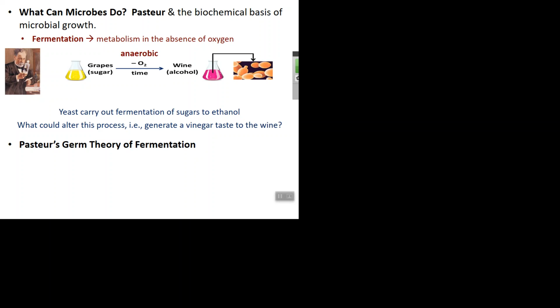And so he goes, okay, well, that's what's going on, but then what's causing the deviation where the wine doesn't taste right? What's that all about, okay? Well, of course, not only will yeast do this, but so too can bacterial contaminants, okay?